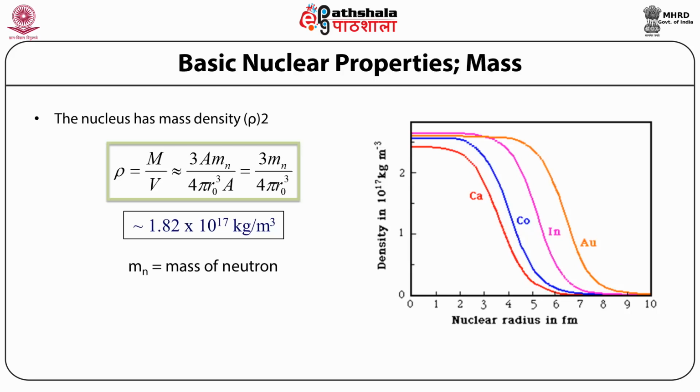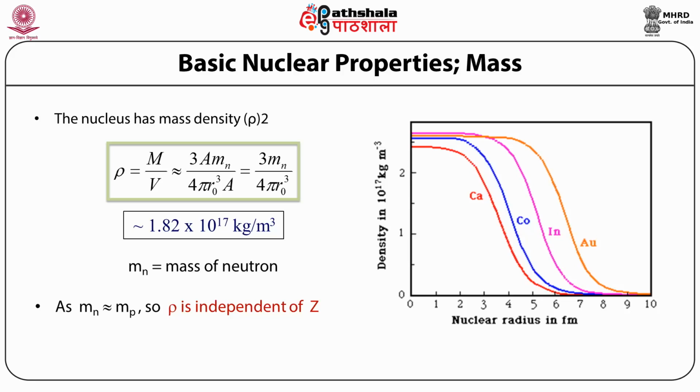Like the charge density, the mass density is also constant inside the nucleus. So rho is independent of Z. It means that like charge density, the mass density of the nucleus is also constant and is independent of A as well as Z. This fact has been observed experimentally also, and in the right hand side picture you can see that the mass density is plotted as a function of distance from the center of the nucleus for various nuclei like calcium, cobalt, indium and gold.